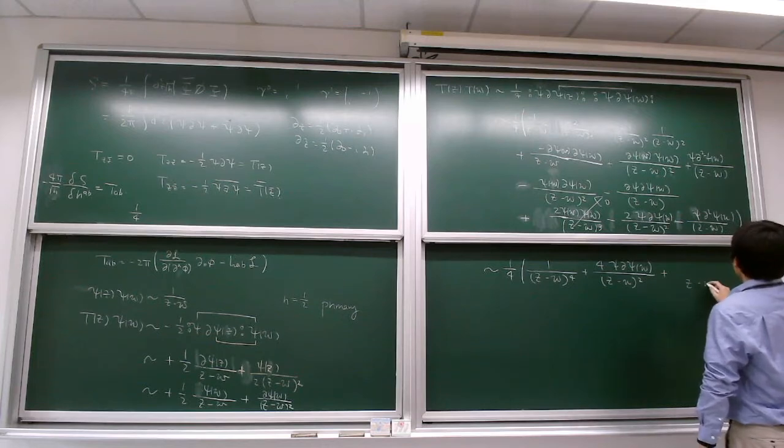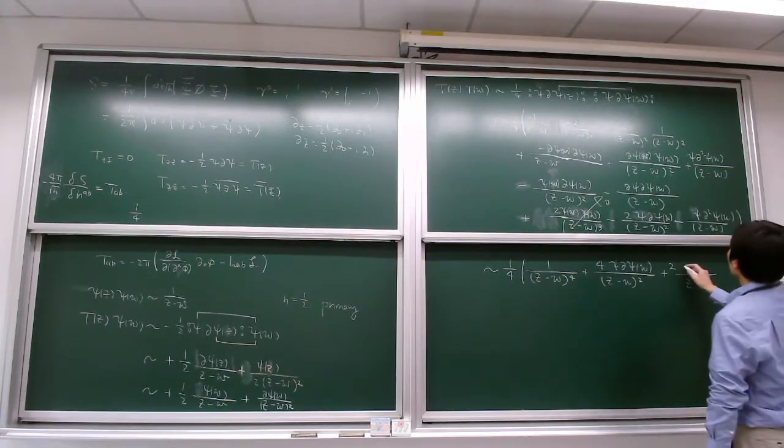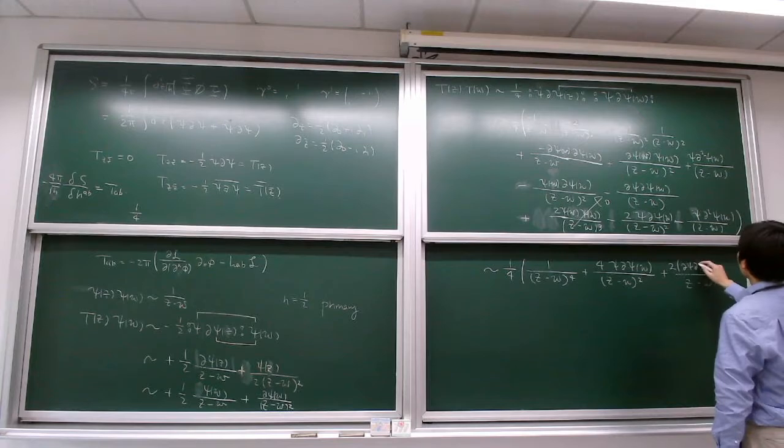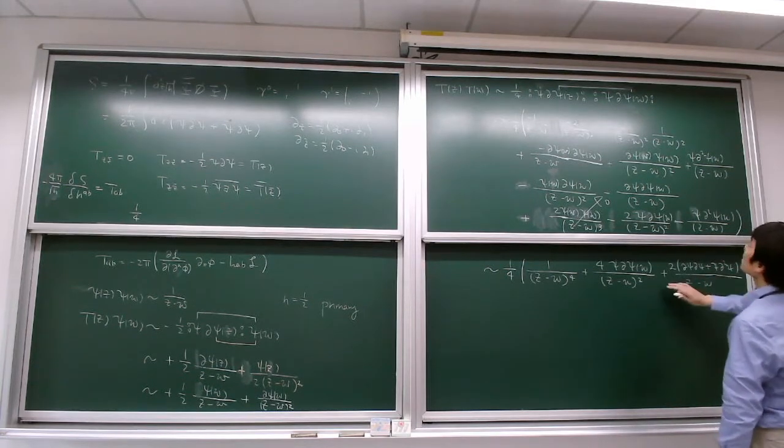1 over zeta. This should be equal to what? So yeah, 2 times psi and a minus sign, I think.